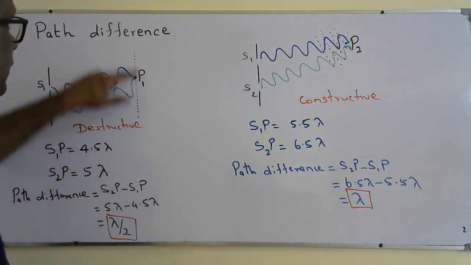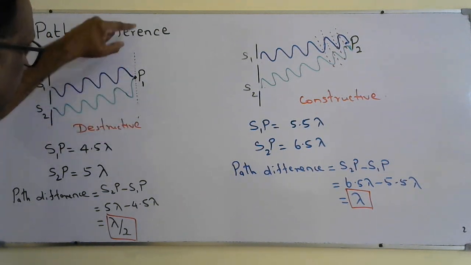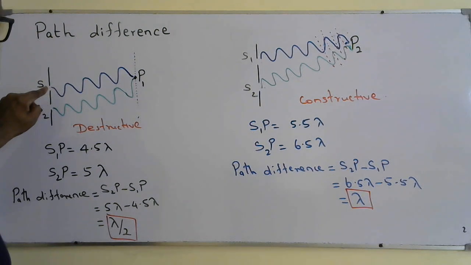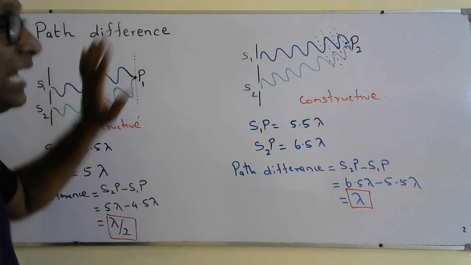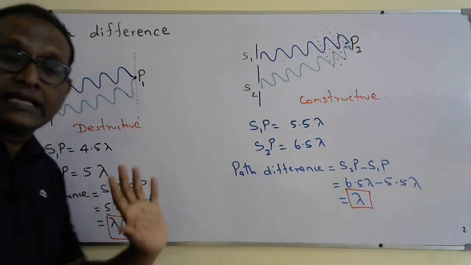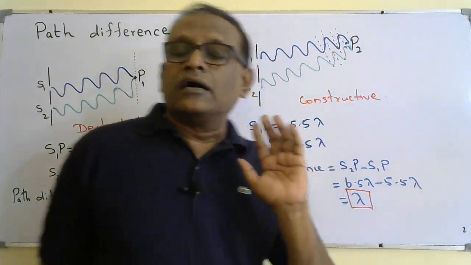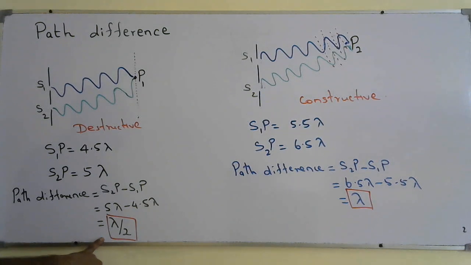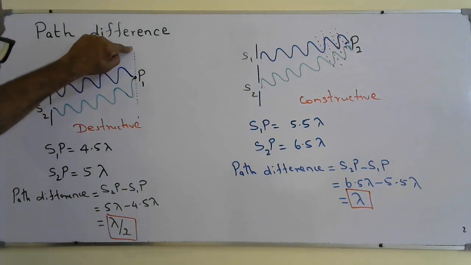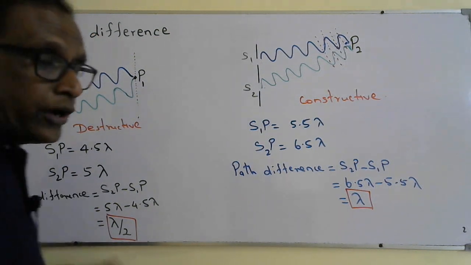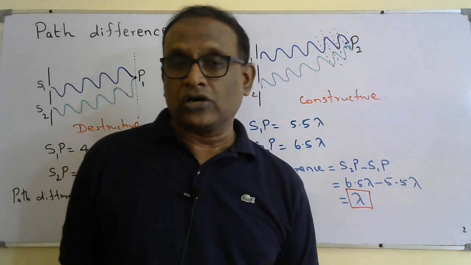again there will be a point in this space for which the difference between the distances traveled by the waves becomes 3 lambda by 2, that is 1.5 lambda. At that point destructive superposition will occur.